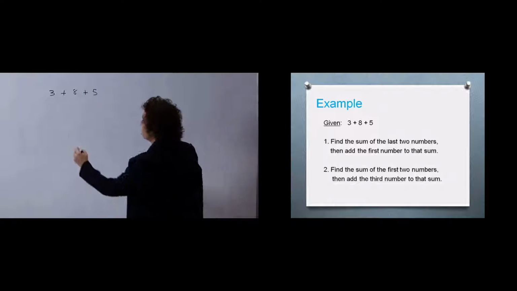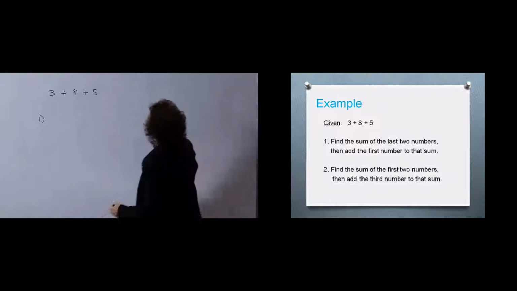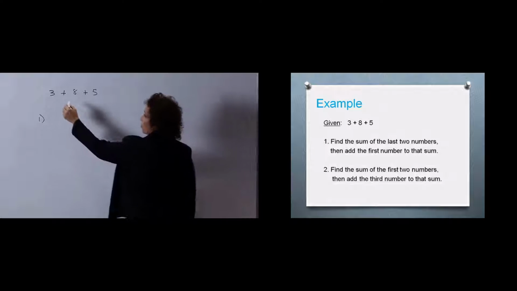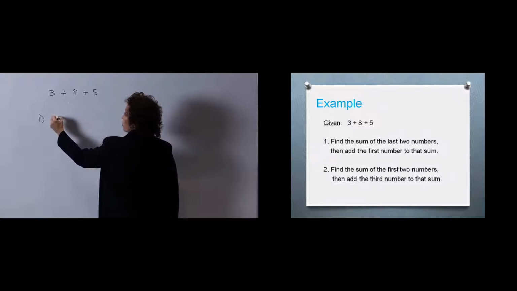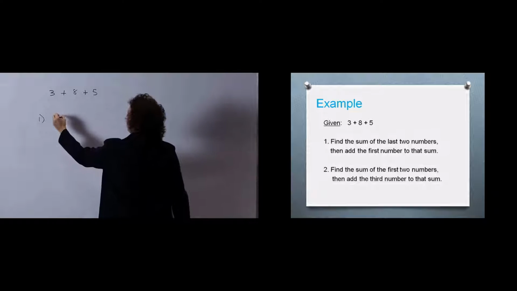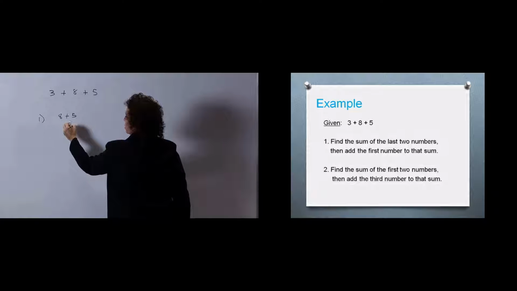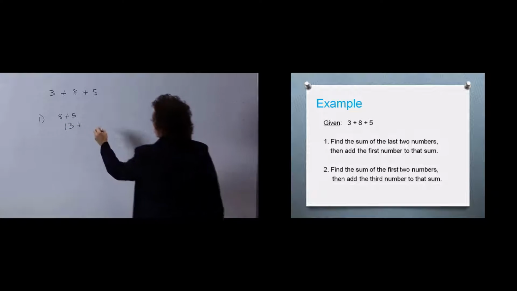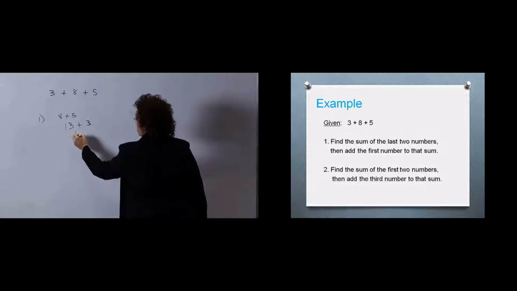And the first question says, okay, find the sum of the last two numbers, then add the first number to that sum. So we're going to find the sum of the last two numbers, which is 13. And then we're going to add the first number to that sum, which is 16.